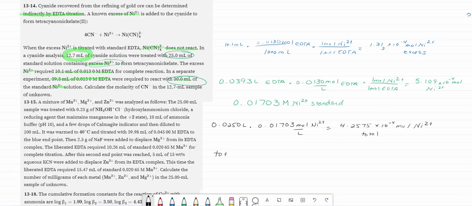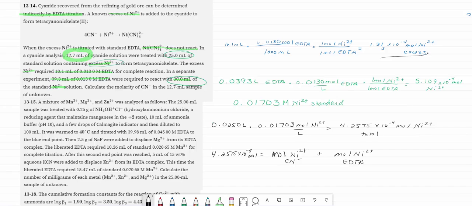So my total nickel added will be equal to moles of nickel complexed with CN minus plus moles of nickel that were complexed with the EDTA. So for the total nickel added, I'm just going to fill in what I already know: 4.2575 times 10 to the negative 4, again moles.